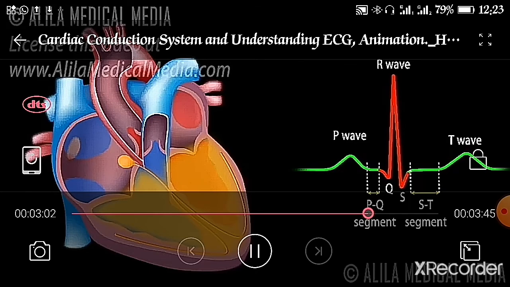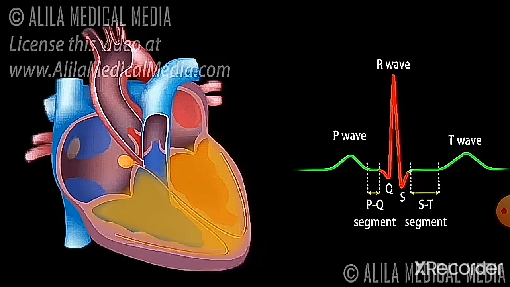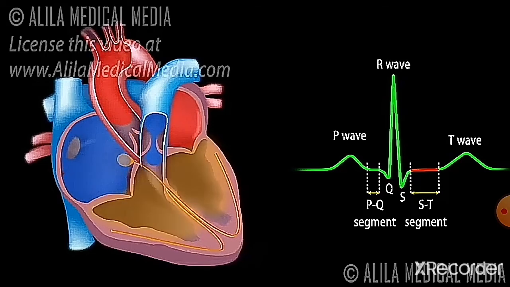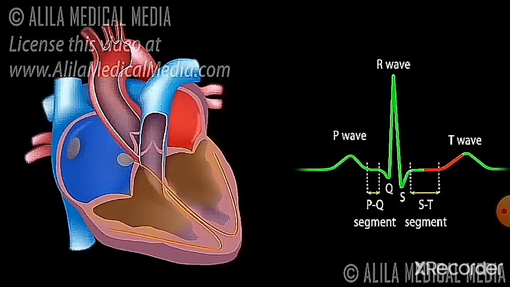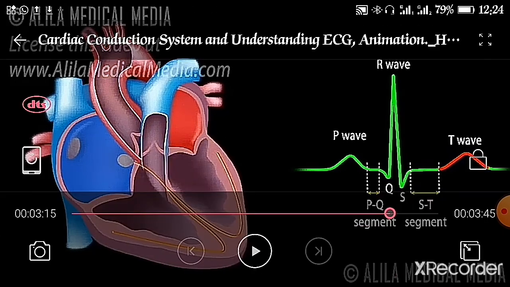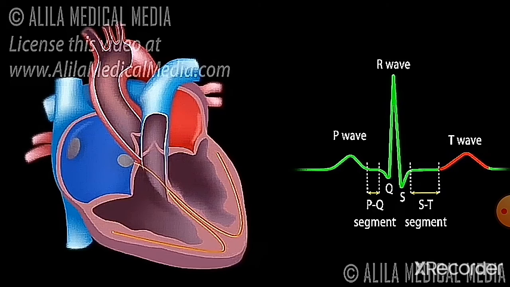Now as soon as the contraction of your ventricle starts, it is indicated by the ST segment. The ST segment is responsible for contraction of your ventricle. So from the ventricles the blood has been discharged toward the aorta, and some blood remains. This is called systolic blood pressure.